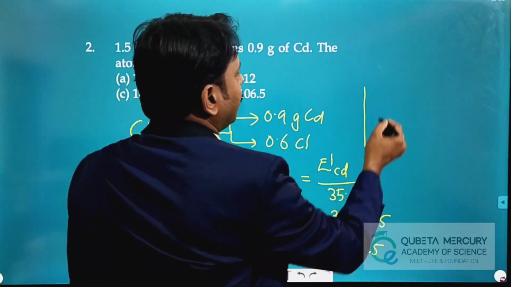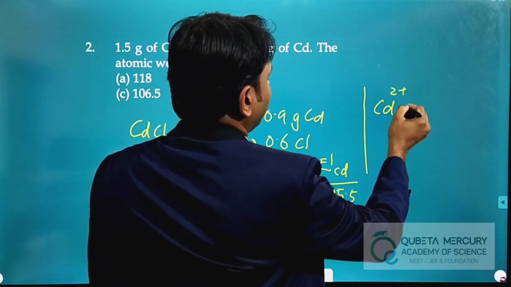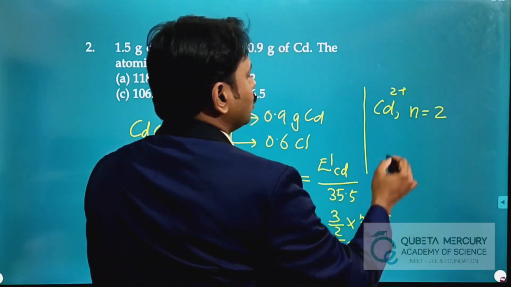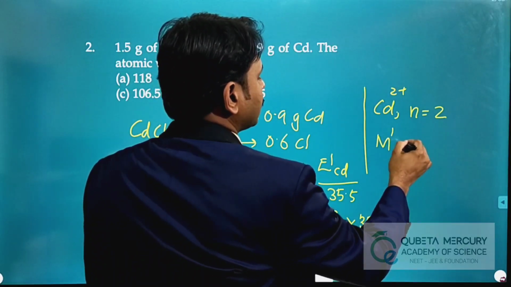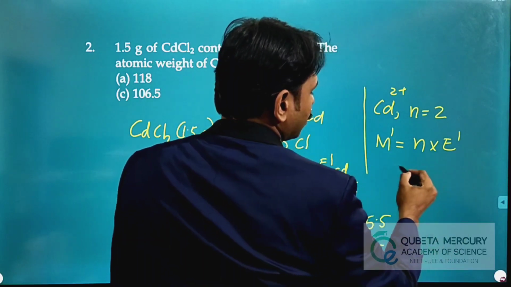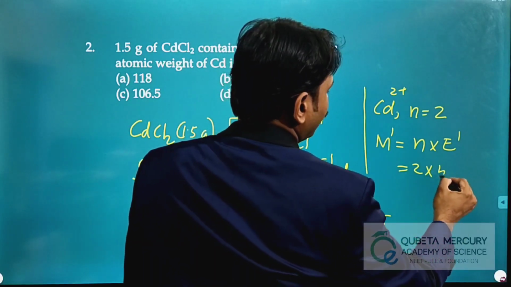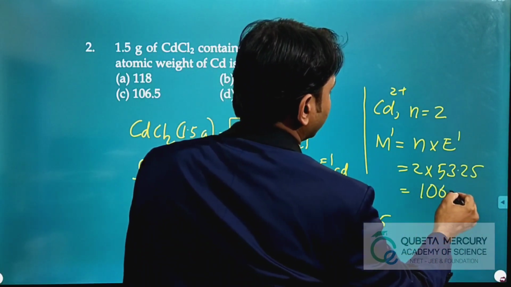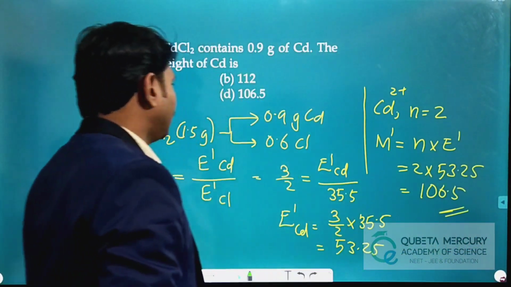In this example, cadmium is present as Cd2+, that is, here n factor for cadmium is 2. So in order to get molecular mass or molar mass, multiply the n factor with equivalent mass. So 2 into 53.25, or 106.5, will be the right answer.